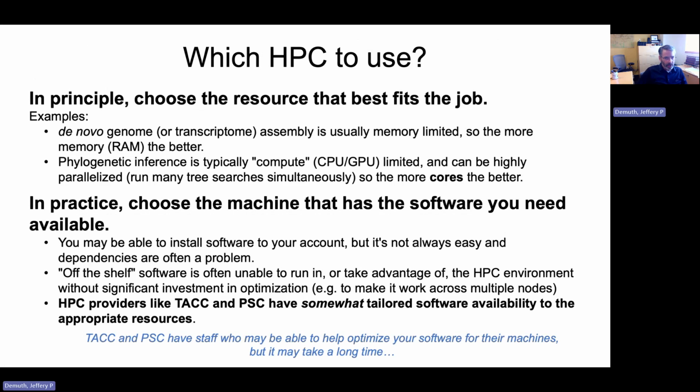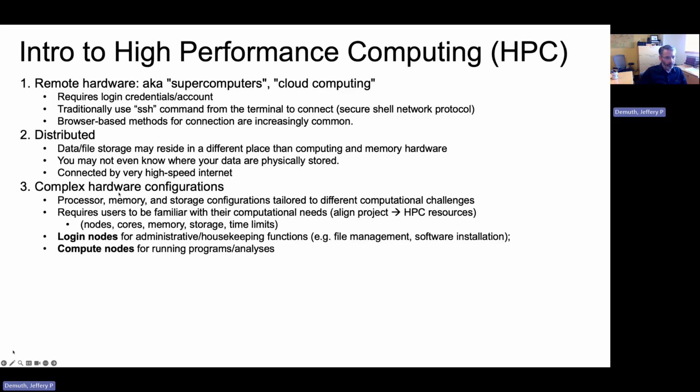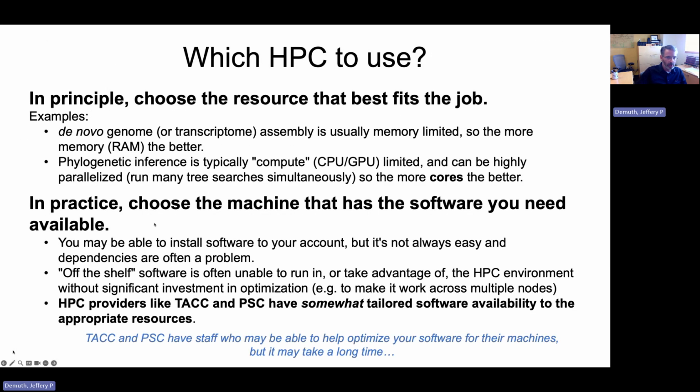So which HPC do you use, right? That issue of, they have different complex hardware configurations and you need to know something about which one to pick. In principle, you're picking the resource that best fits your job. So examples here that are pretty common in biology.